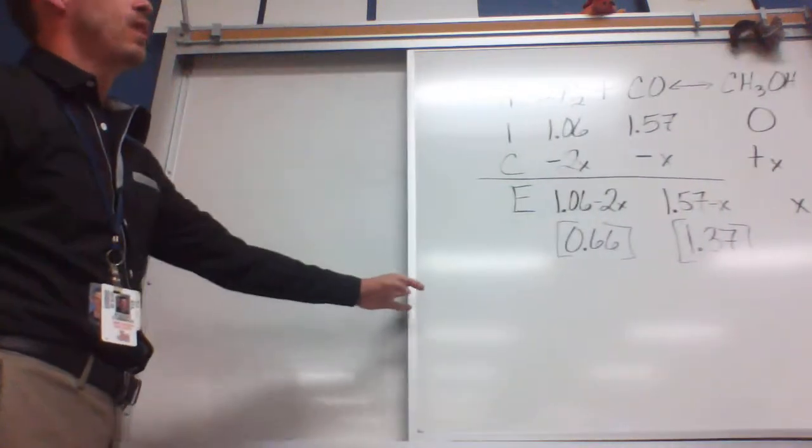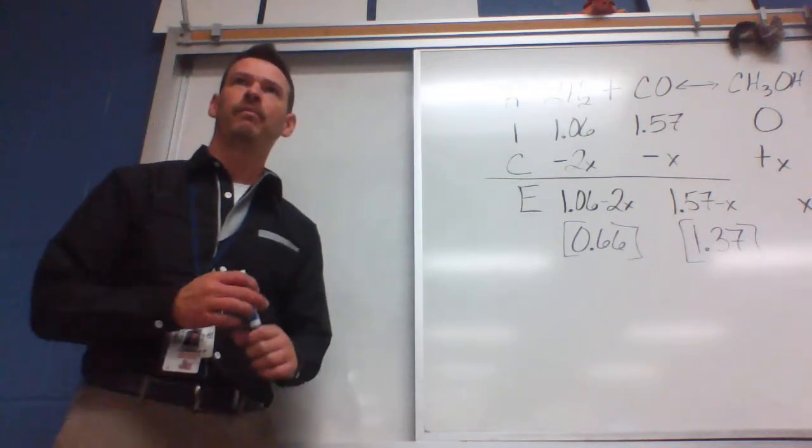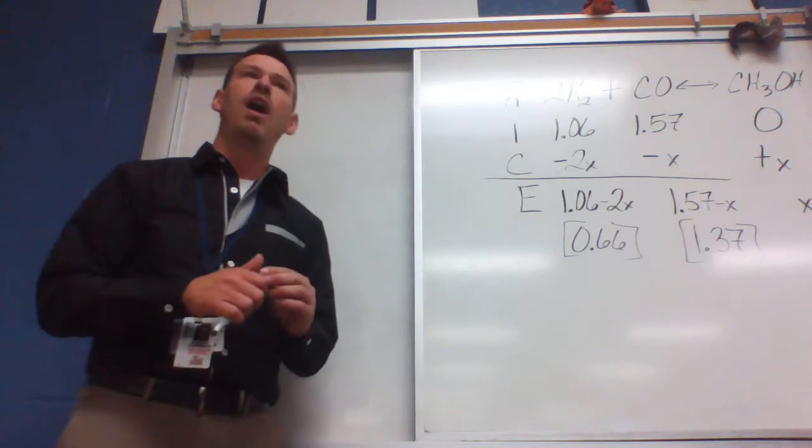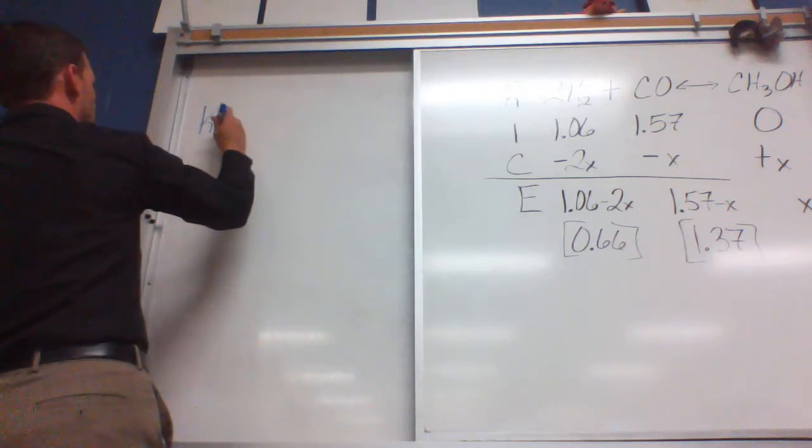But hey, before I start plugging and chugging numbers, how can I get a free point on the AP? The unsubstituted equation. So I'm going to start off, and I want you to do it too. Don't be lazy.